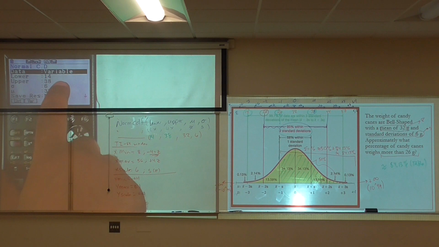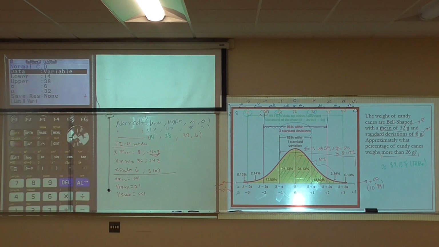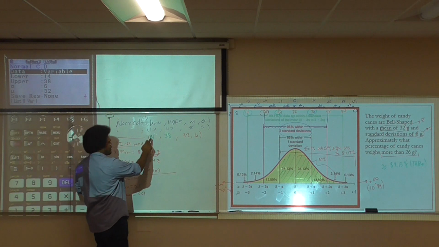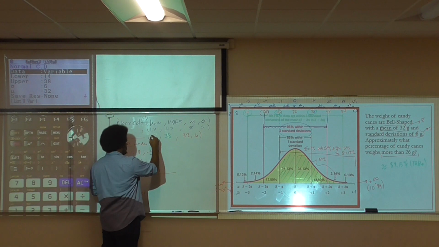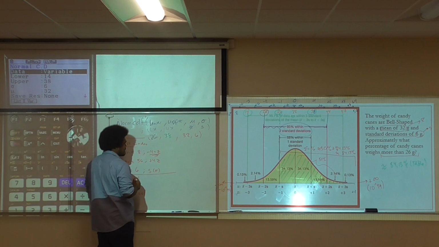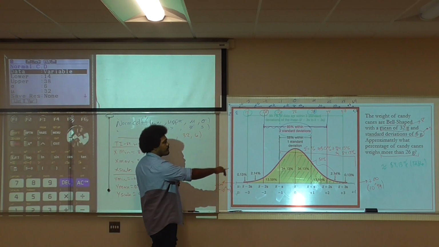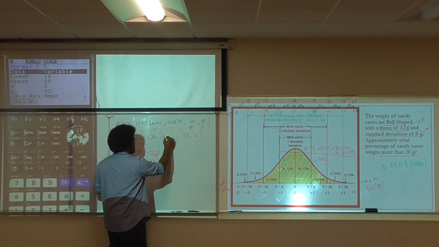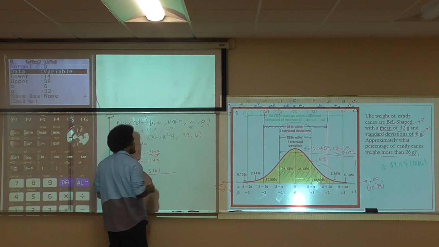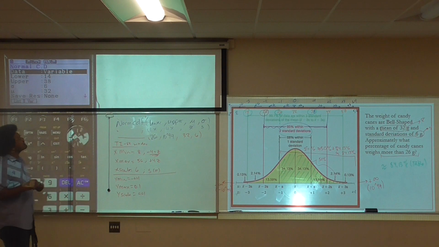And we put information in here. What changed here is, instead of putting a lower of 14, it now became 26. And instead of 18, we notice that it's supposed to go to infinity, which we're going to substitute as 10 to the 99.